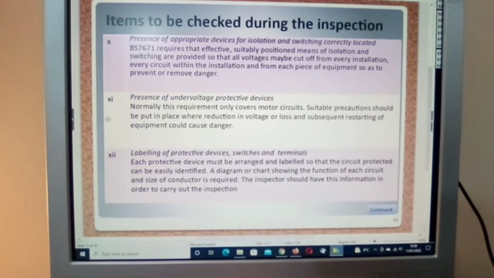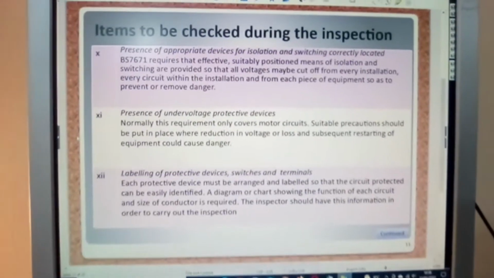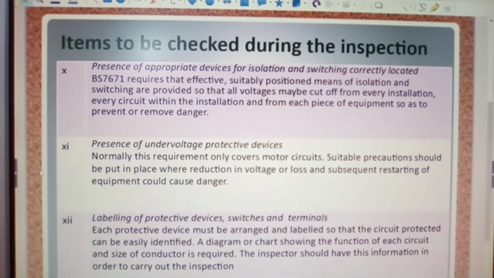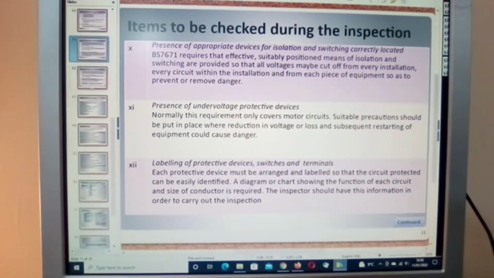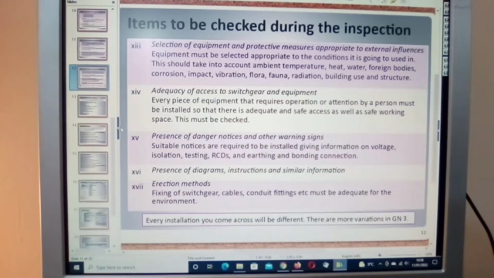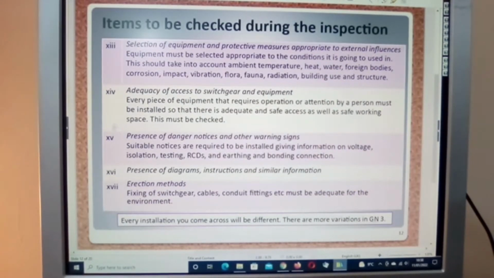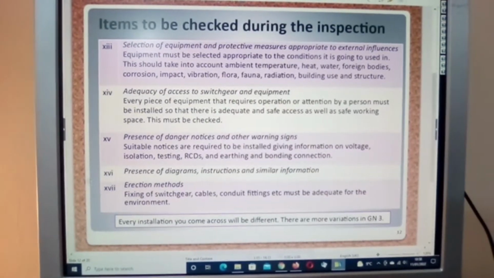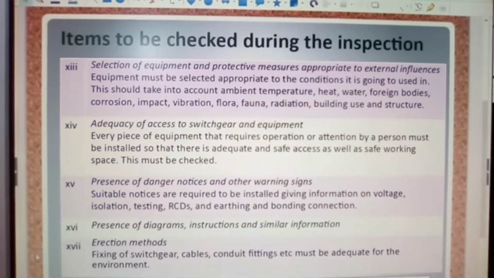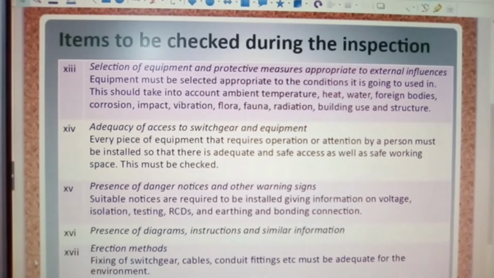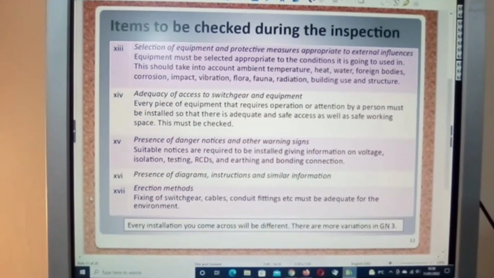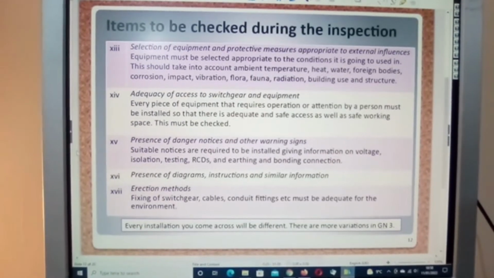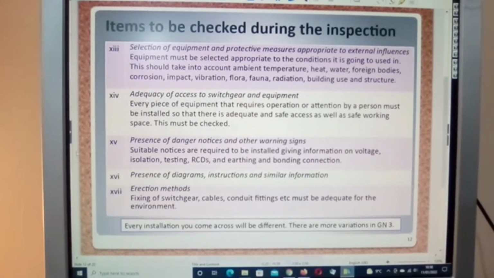And items to be checked continued. Okay. And remember that all installations are different in one form or another.